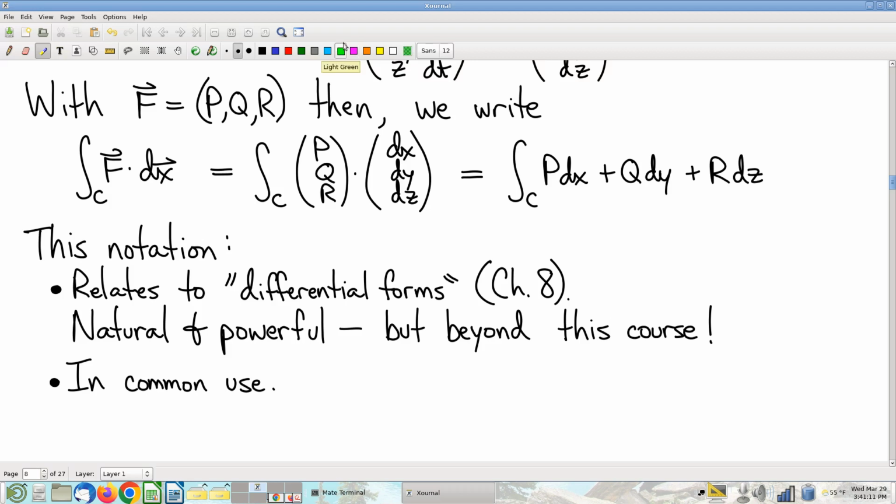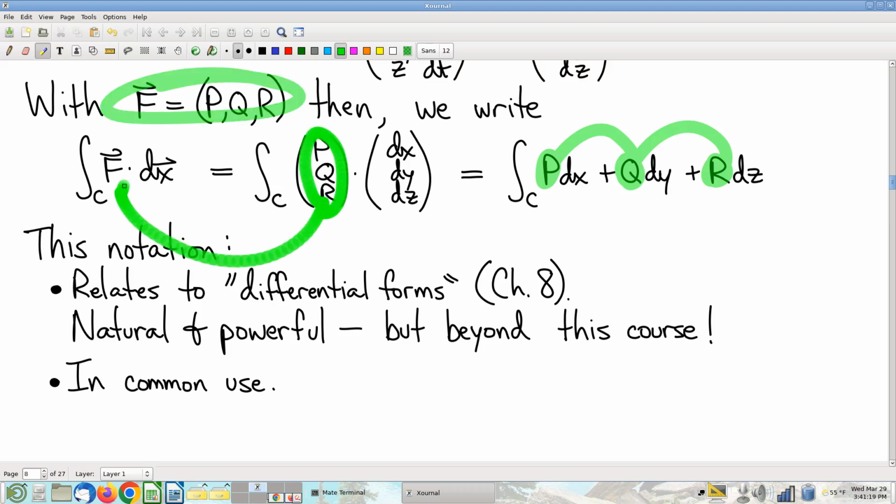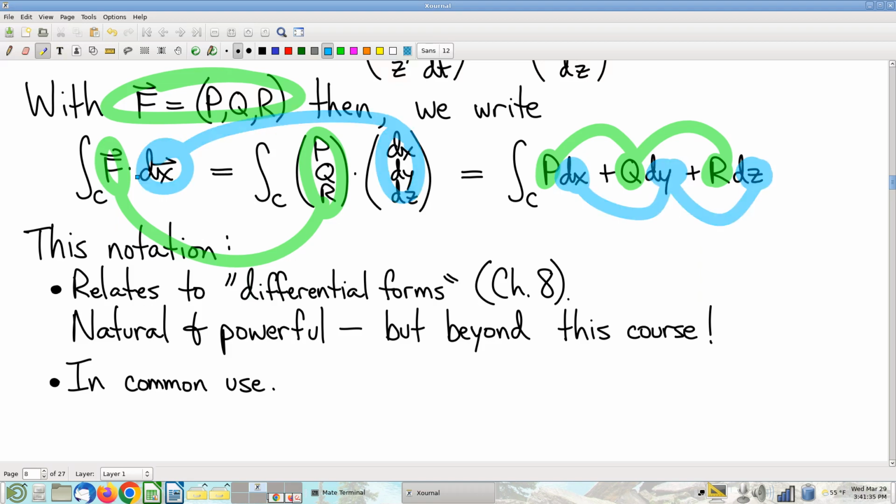Well, these things, the P, Q, and R, don't forget, that's just a fancy way of telling you what your vector field is. So interpret from the P, Q, and R what your F is. Likewise, don't forget that the dx, the dy, and the dz, that's just an alternative way to represent the dx vector.